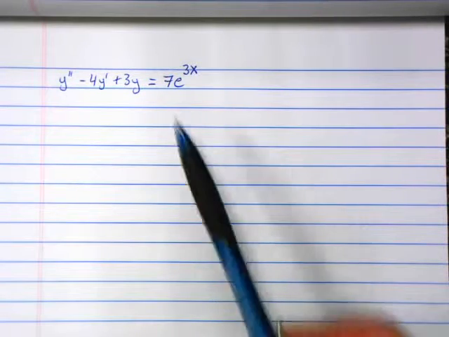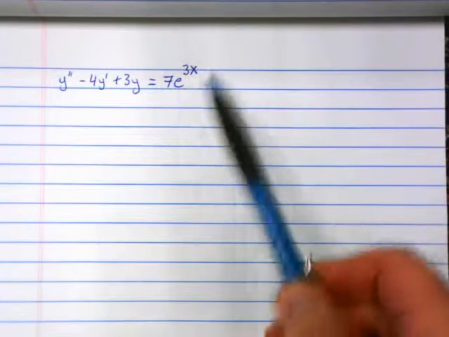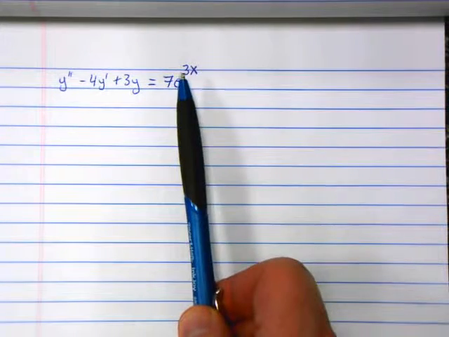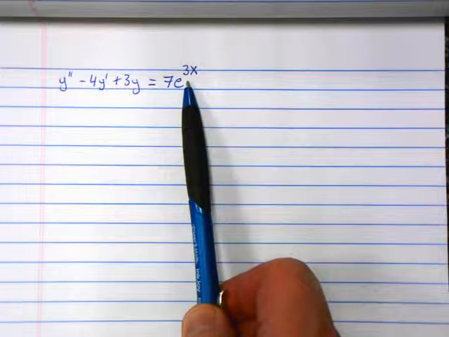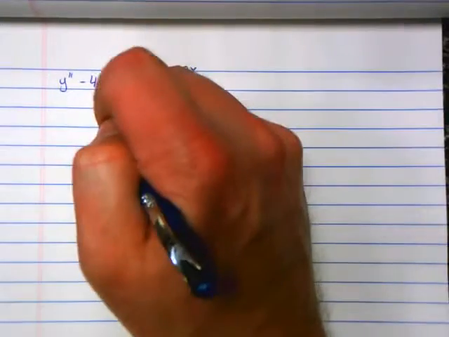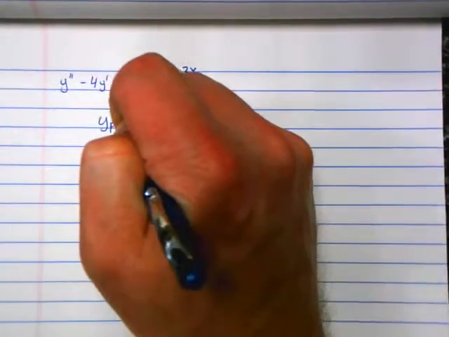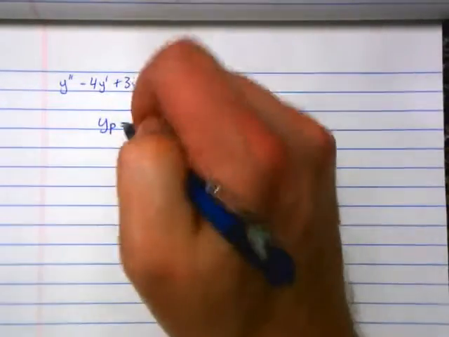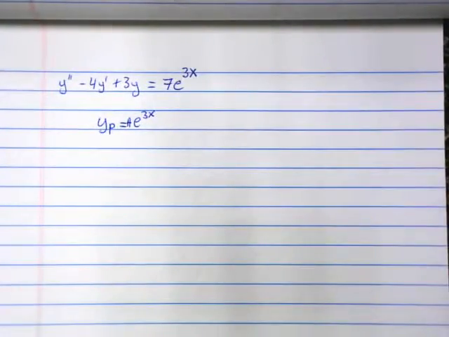Well, if you have something that has an e to the 3x in it, what's a reasonable guess for your particular solution? A e to the 3x.